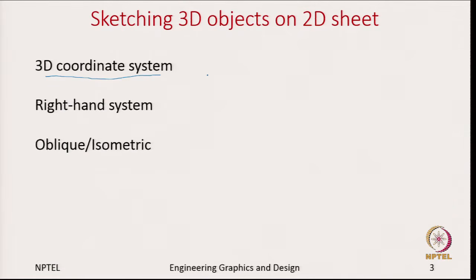We know there are several ways we can show these coordinate systems, like x, y and z. But this is not the only way we show the coordinate systems, right. Maybe I can choose the other way. Probably this can be x and this can be y and the vertical can be z.